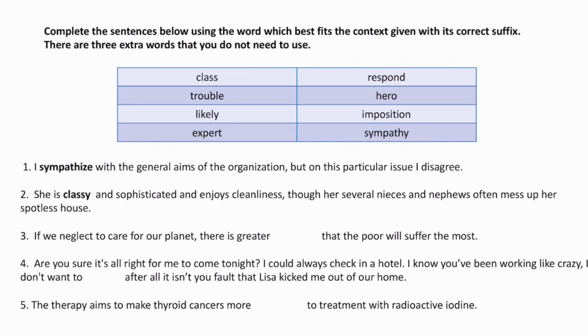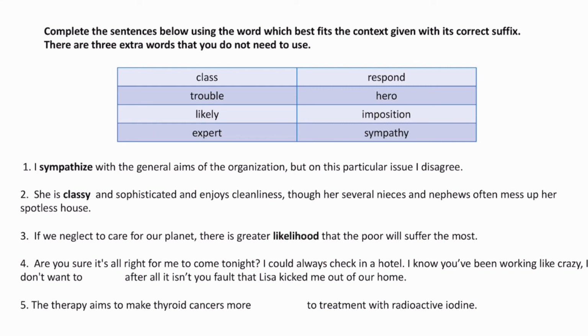If you neglect to care for our planet, there's greater that the poor will suffer the most. So there's greater, chance that the poor will suffer the most. And again, if we just look at the context, it might take a while, but you can basically see that we're going to be using likely. And we're going to modify it to fit the sentence, leaving us with likelihood that the poor will suffer the most.